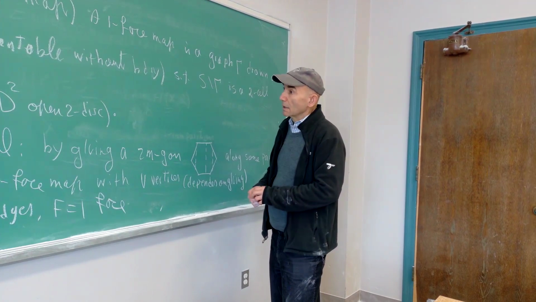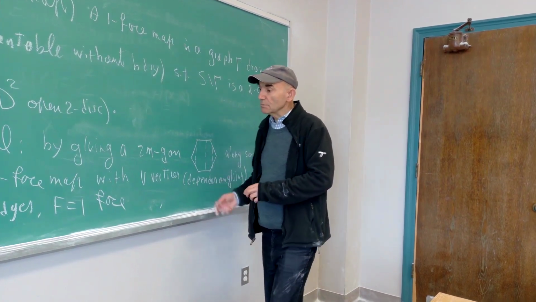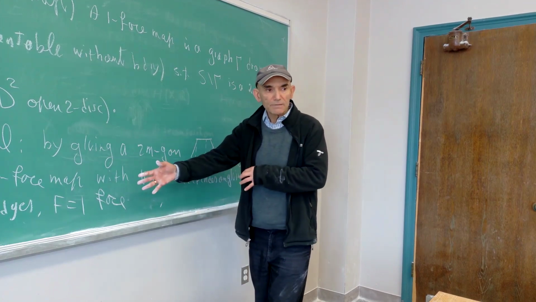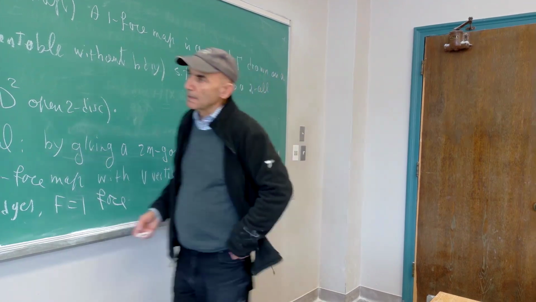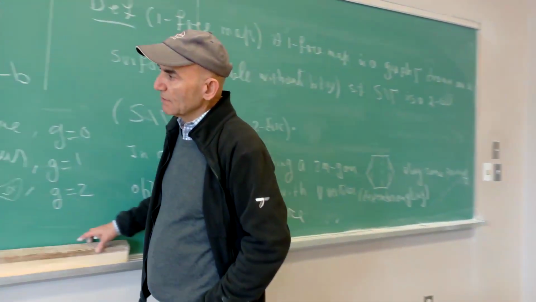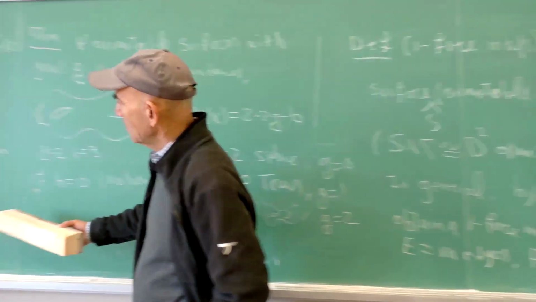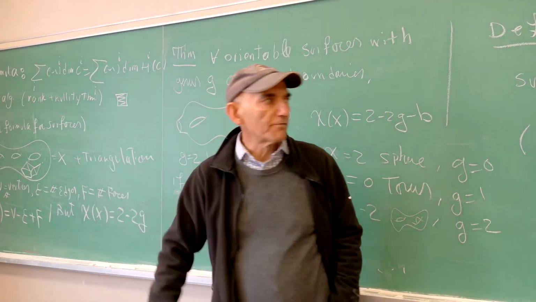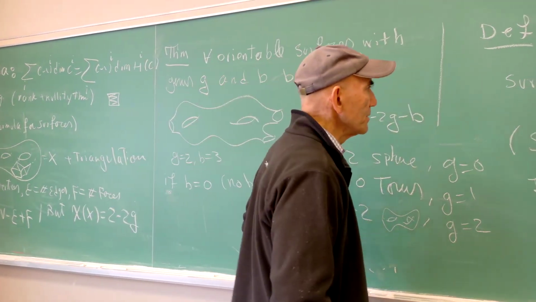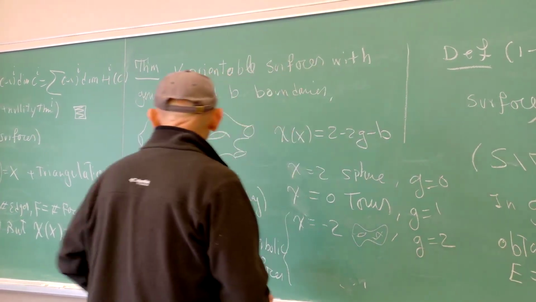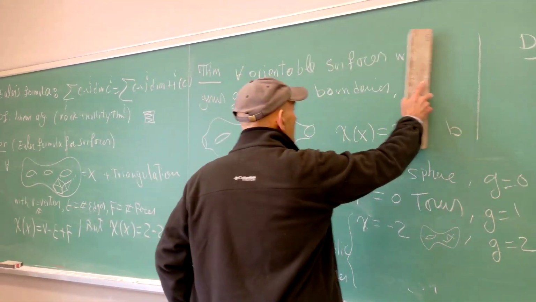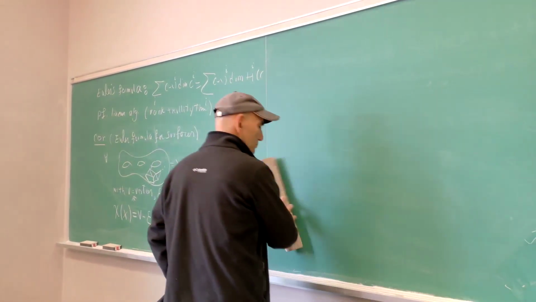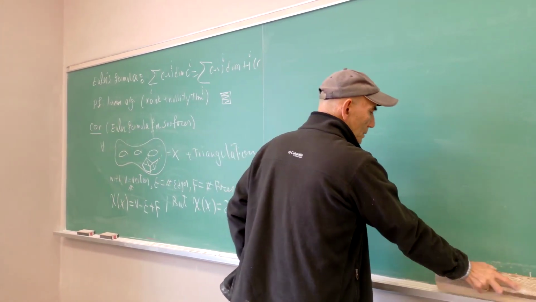So then we need a relation between Euler characteristic of the surface and this one-phase map. And that's why we need a bit more general version of this Euler theorem for one-phase maps, which I write here.